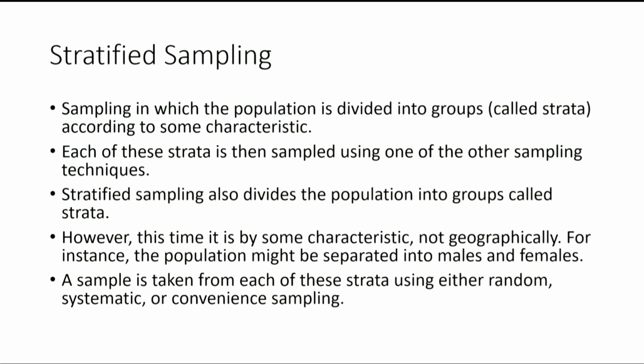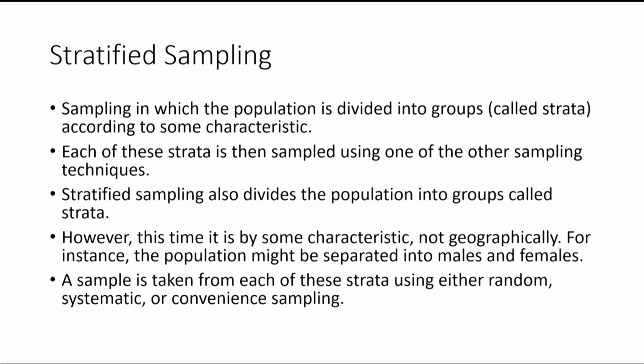The next one is stratified sampling. Sampling in which the population is divided into groups called strata according to some characteristics. Each of these strata is then sampled using one of the other sampling techniques, like the simple random sampling. Stratified sampling also divides the population into groups called strata.